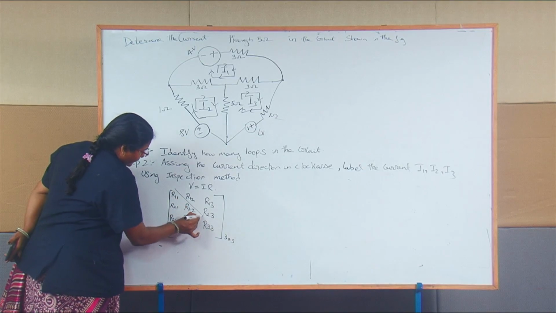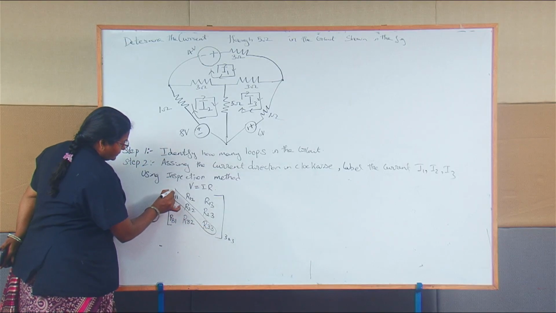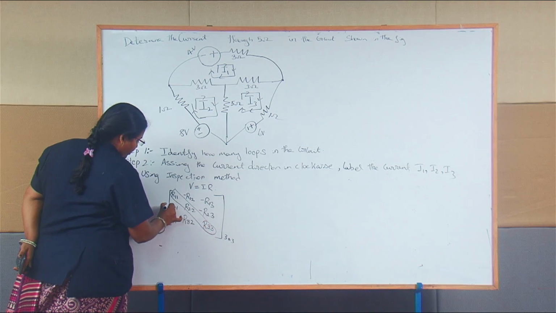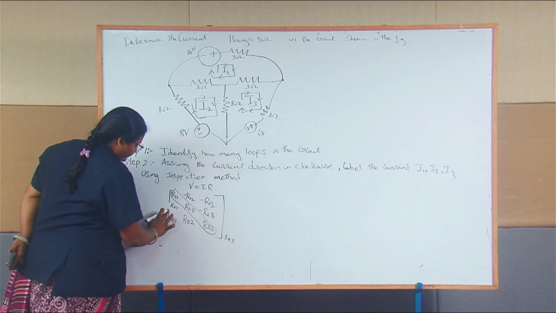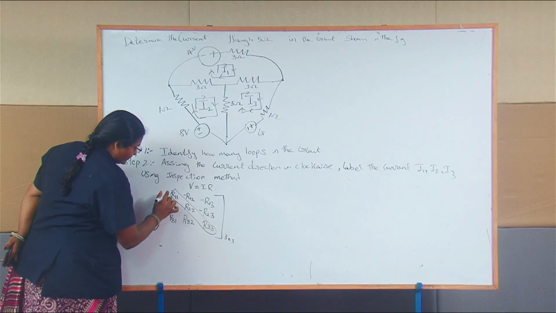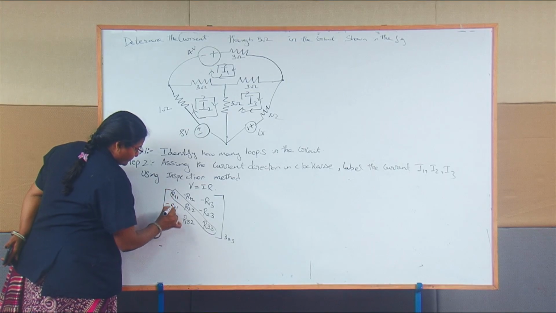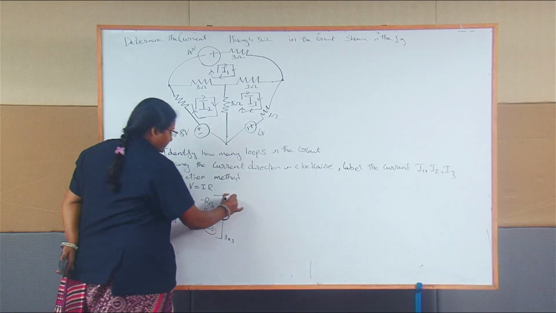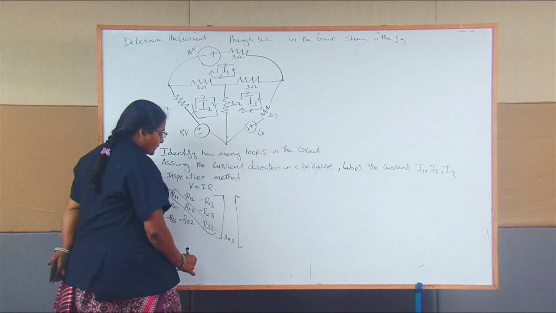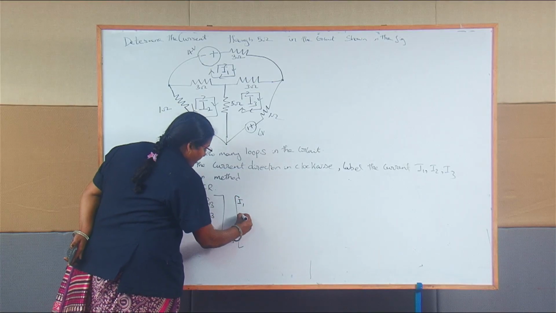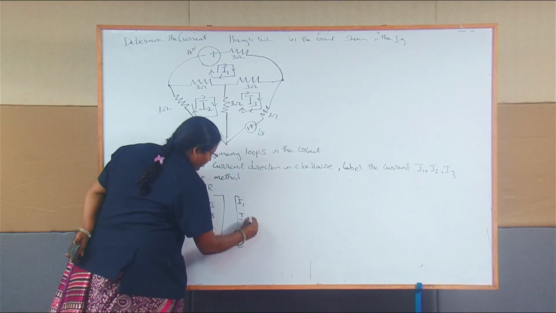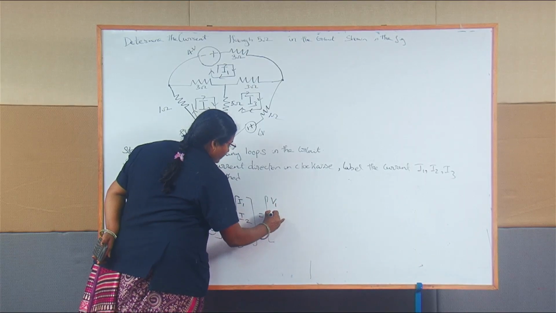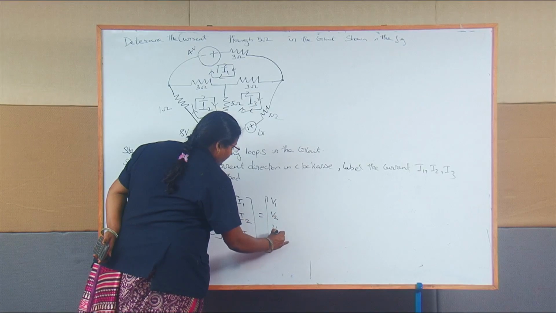The diagonal is always positive. The other, non-diagonal elements you just mention as negative. Then I1, I2, I3 equal to V1, V2, V3.